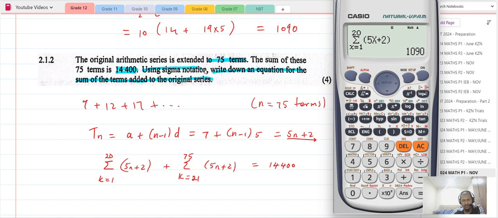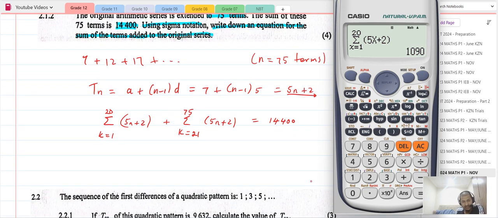Using sigma notation, write down an equation for the sum of the terms added to the original series.